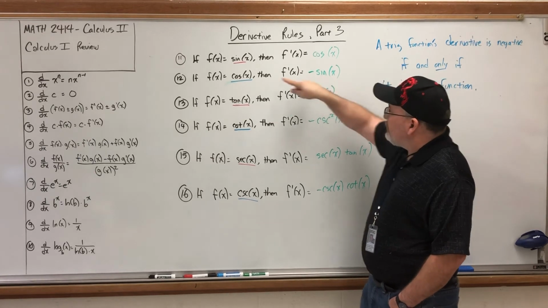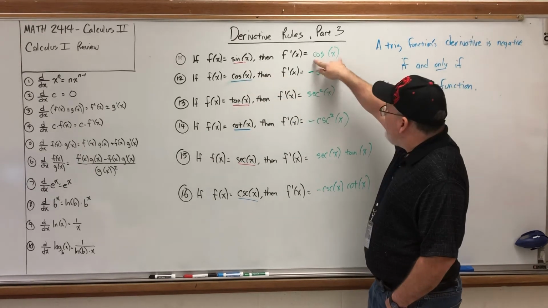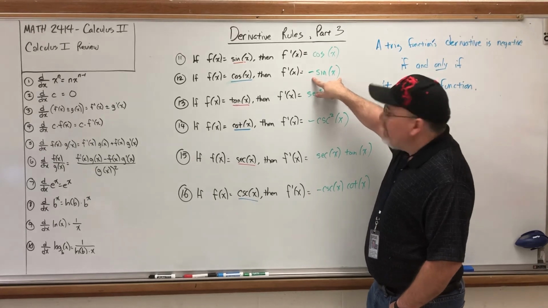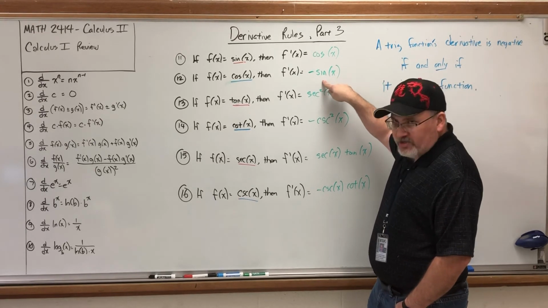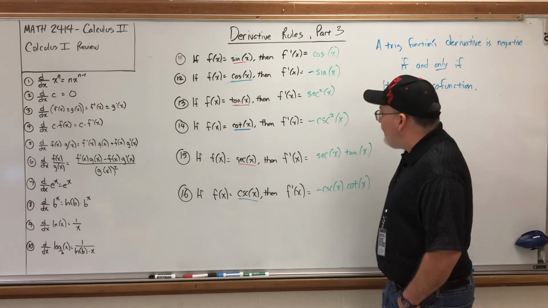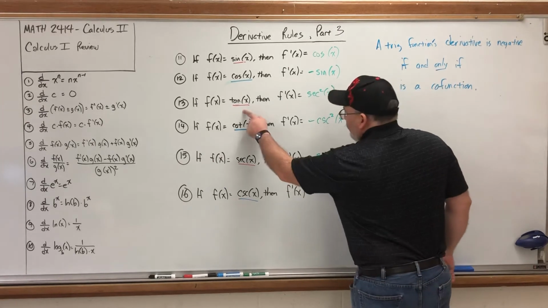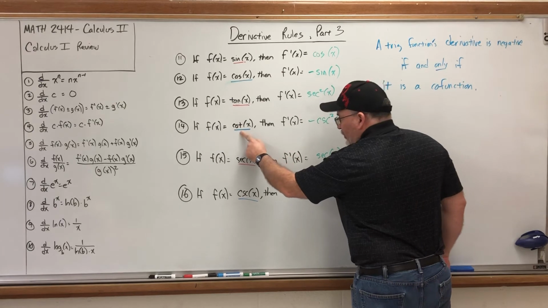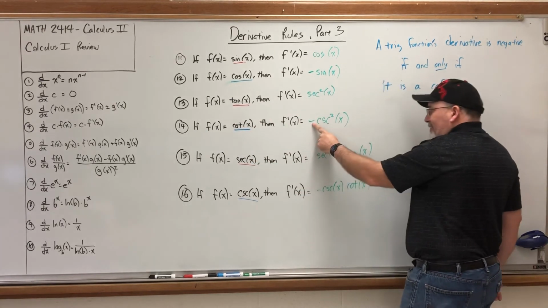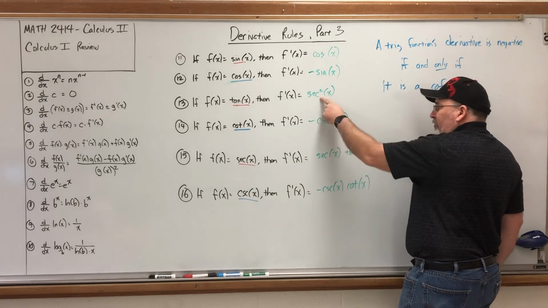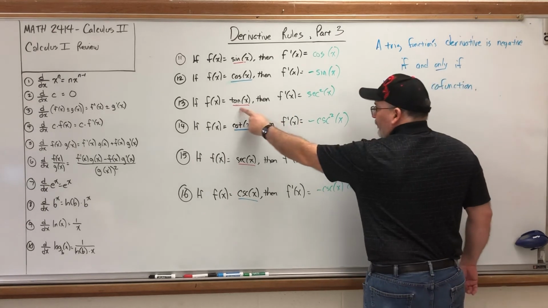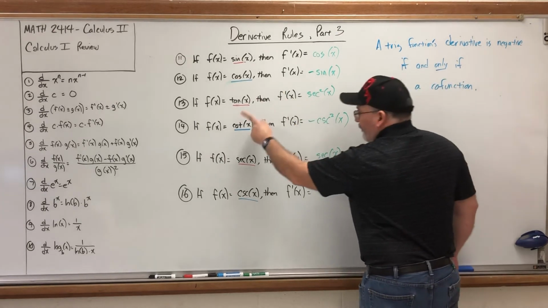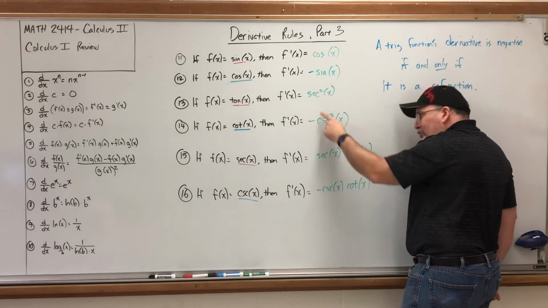In other words, to go from sine to cosine, change the sign, S-I-G-N, and take the cofunction of cosine. Well, the cofunction of cosine is sine. Or, if the derivative of tangent is secant squared, then the derivative of its cofunction is the negative of the cofunction of the derivative. In other words, derivative of tangent is secant squared, derivative of cotangent is negative cosecant squared.